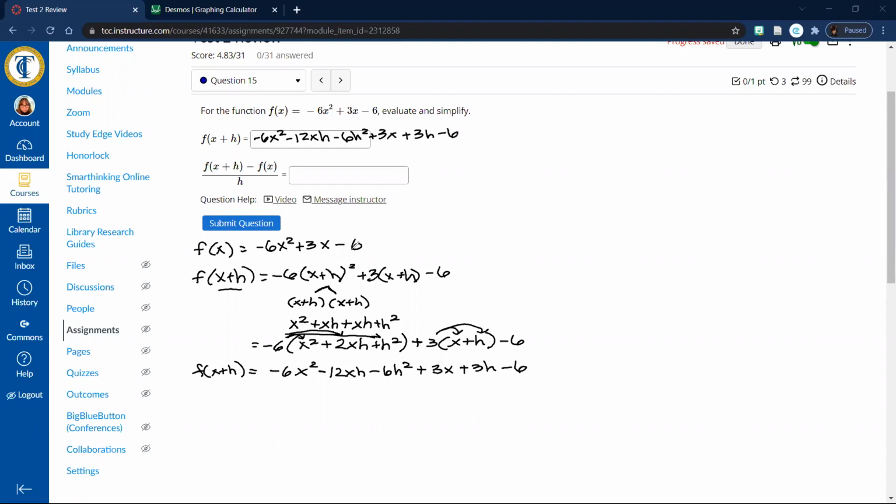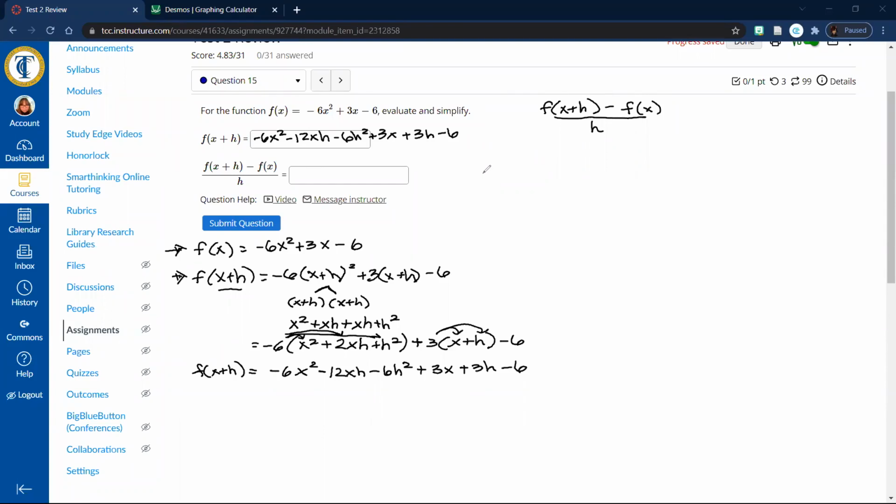All right. Now for that doozy of a second part. We're taking our f of x plus h and subtracting our f of x, all over h. So if we're doing f of x plus h minus f of x all over h, let's write this out. What is our f of x plus h?